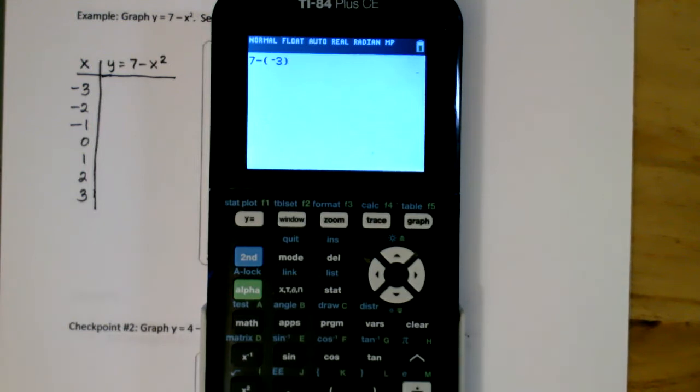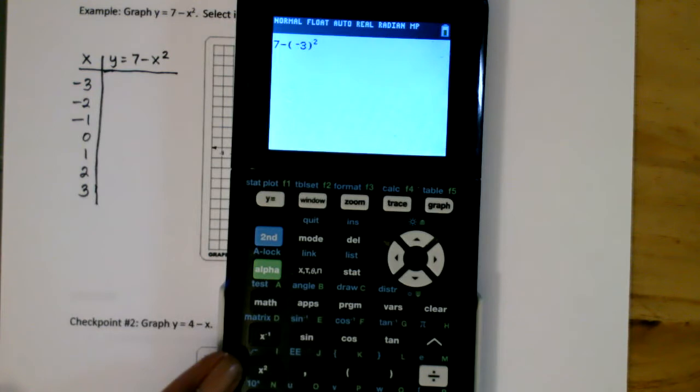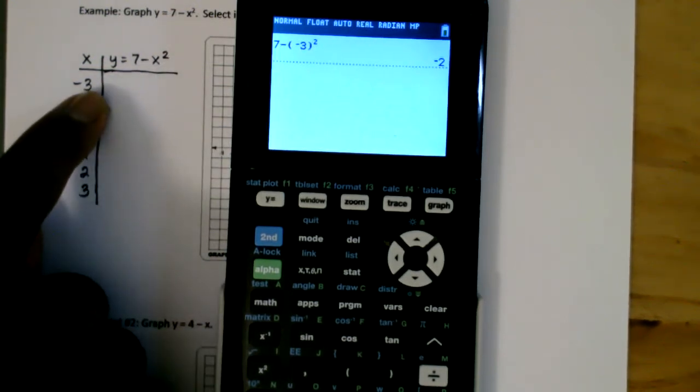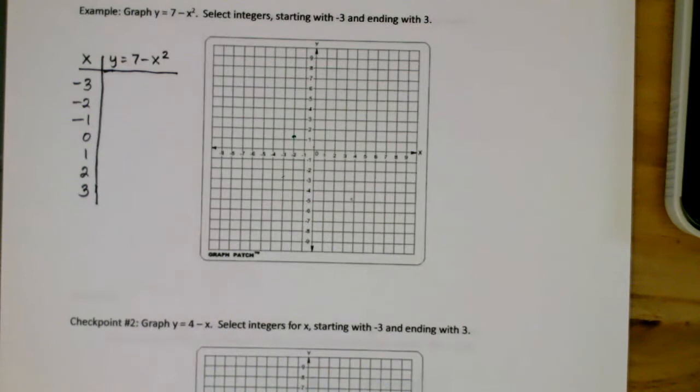I'm putting that in parentheses, by the way, and then square. The x squared key is right on the left-hand side on the far left. So when I do that, I'm going to have -2. And I know that because if I square -3, that's like -3 times -3, which is 9. And then 7 minus 9 will give me negative 2.